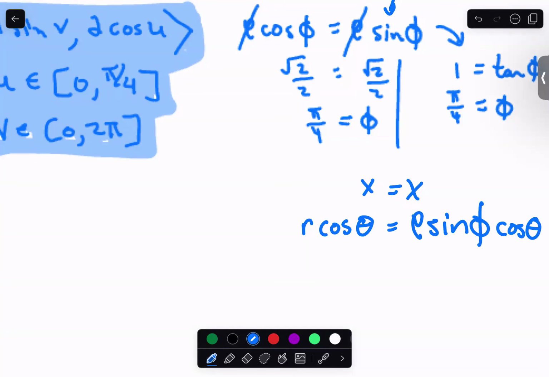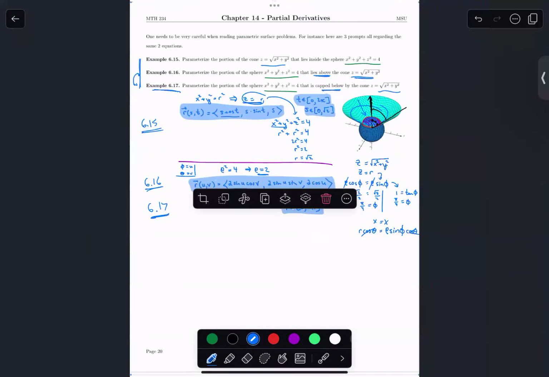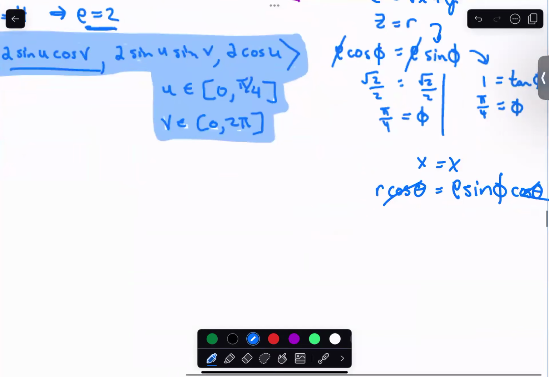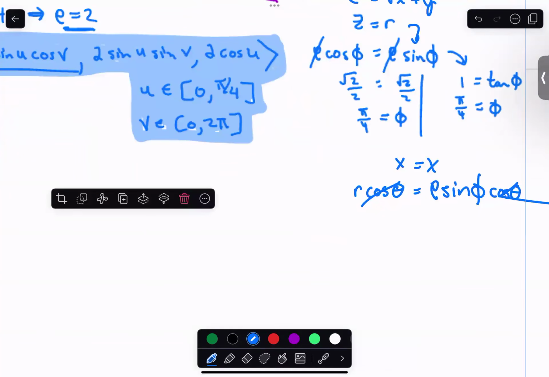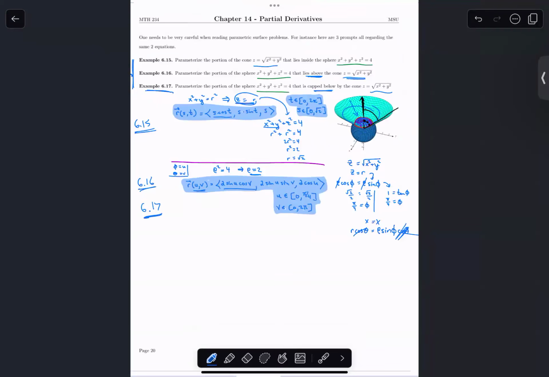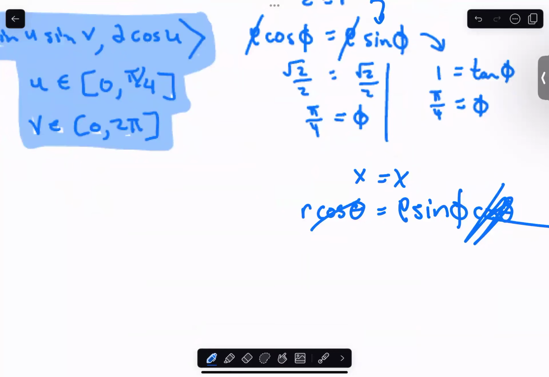So now if you just cancel out the cosines on both sides, then you get that r is equal to rho sine phi. So this would be another way to redevelop it without having to draw lots of pictures and figure out the geometry of why r is equal to rho sine phi. So this is a good way.